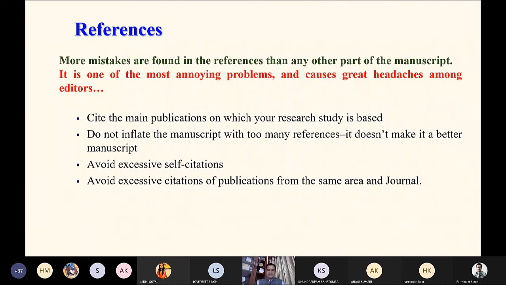So these are the different things that we have to consider when we write the reference section.